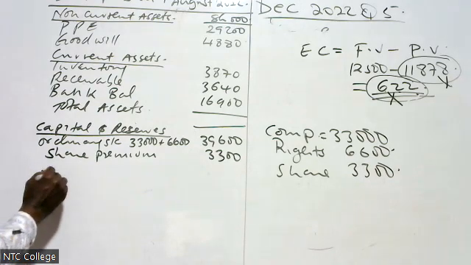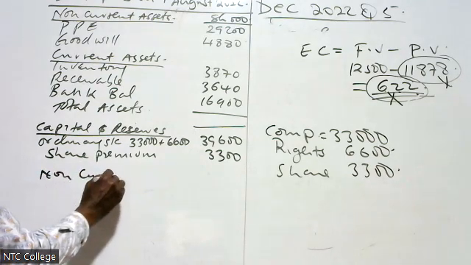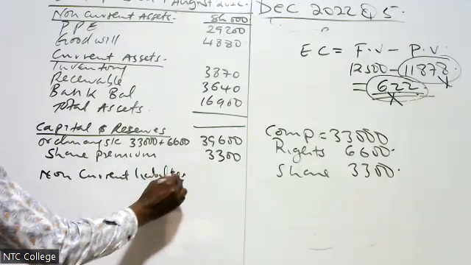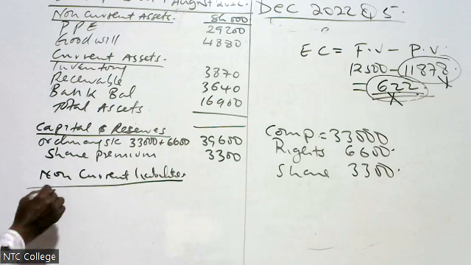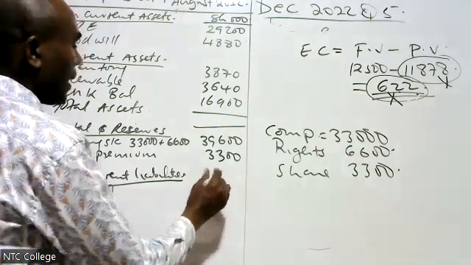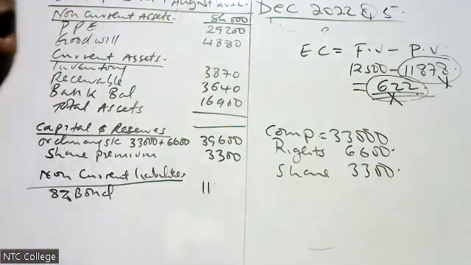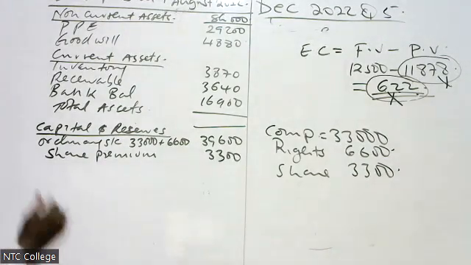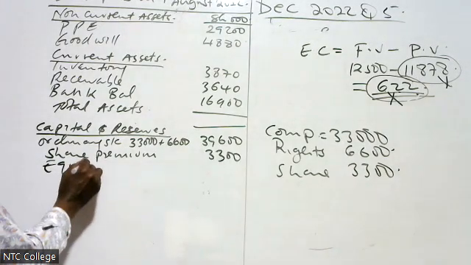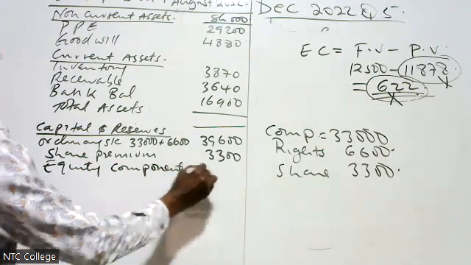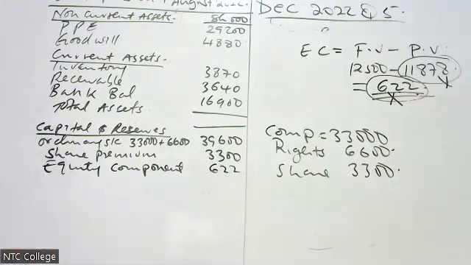Then we go to non-current liabilities. Under this, we have the 8% bond. Sorry, before we go to non-current liabilities, we have the equity component. Equity component of 622.